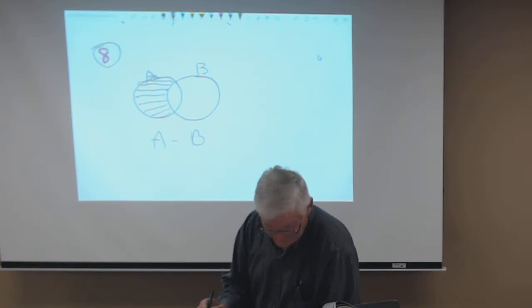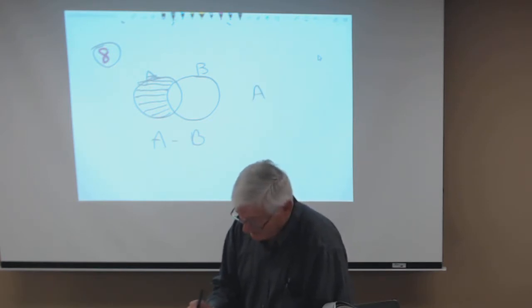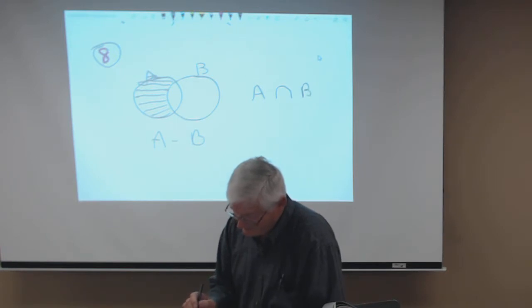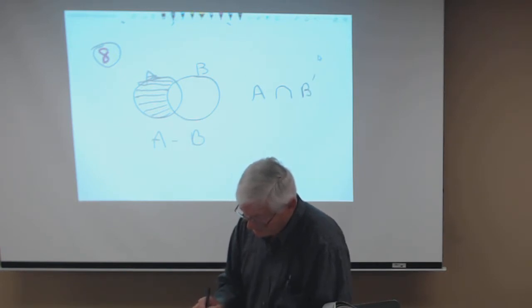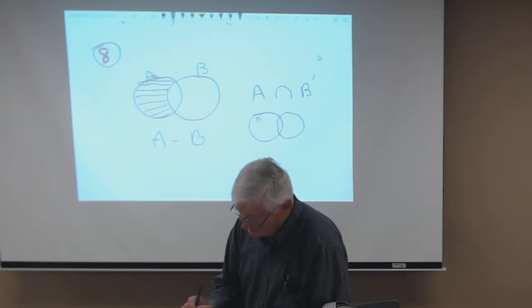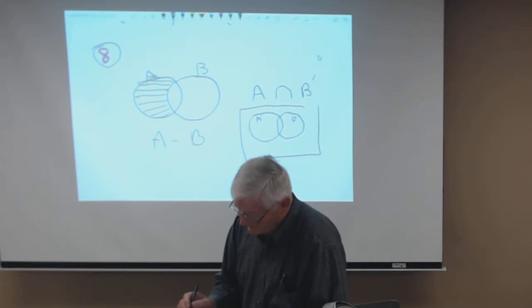So now what's the next one? A intersect the complement of B. Okay, let's draw the two circles again. A and B. Let's put a universe around it. The complement of B is everything outside of here, right?